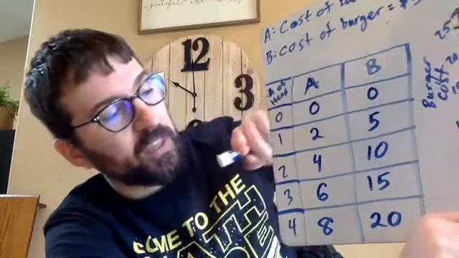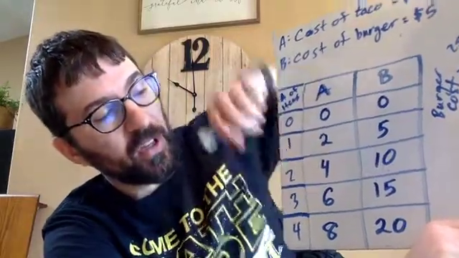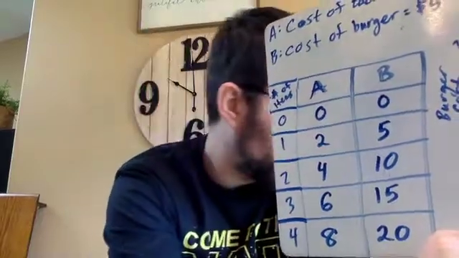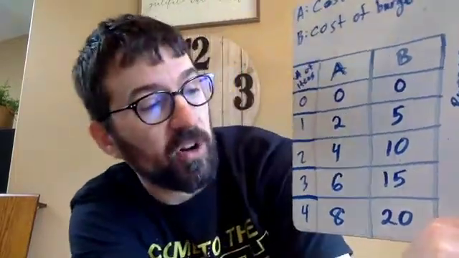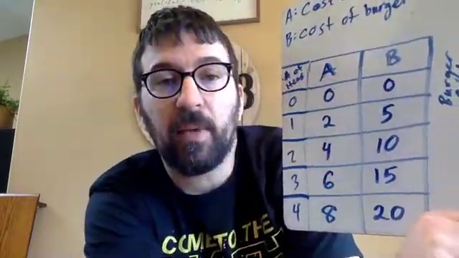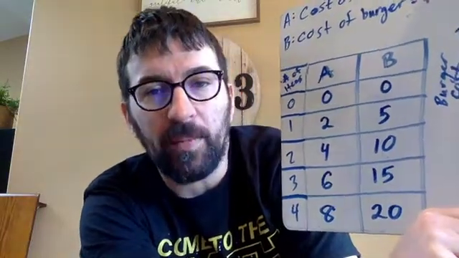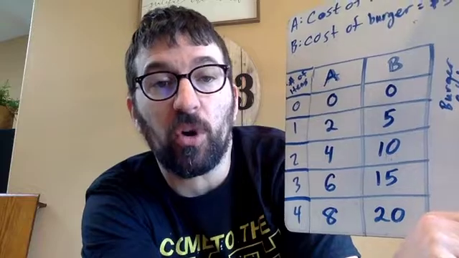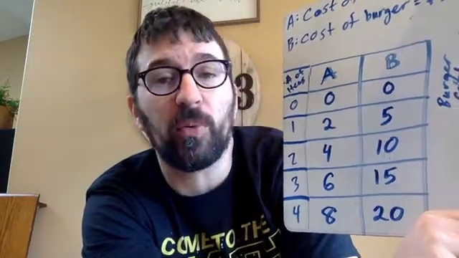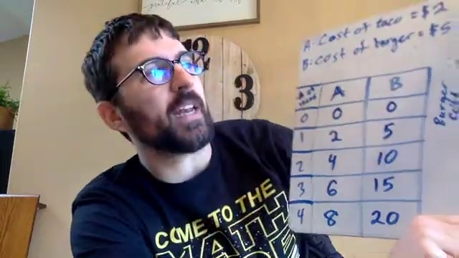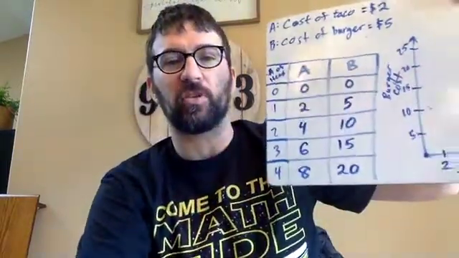Connecting these, we have our coordinate pairs. When we sell one item, the 2 and the 5 are an ordered pair, the related pairs, because they both connect to the selling of one.